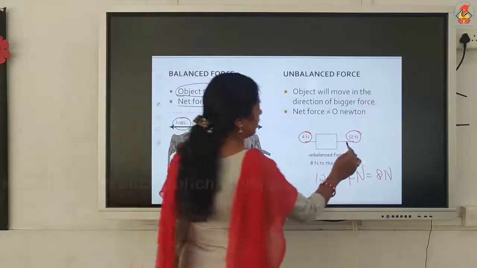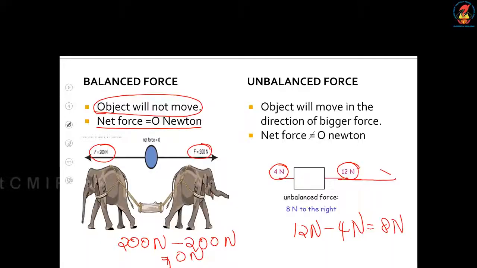So, this one is the higher magnitude force. The 8 Newton will be acting towards your right side, or the object will move towards the 12 Newton.